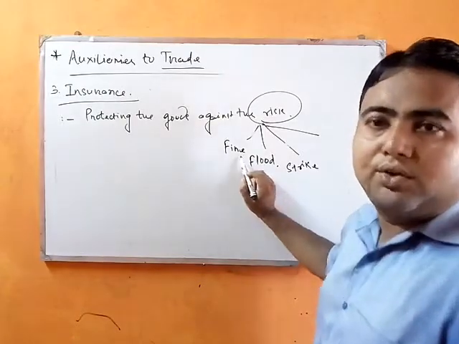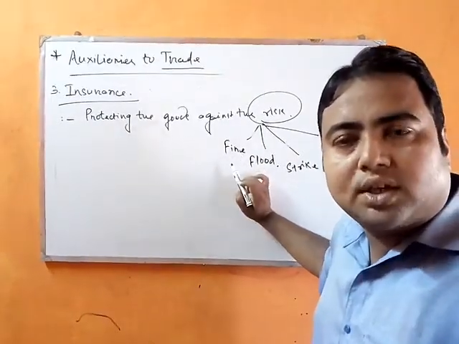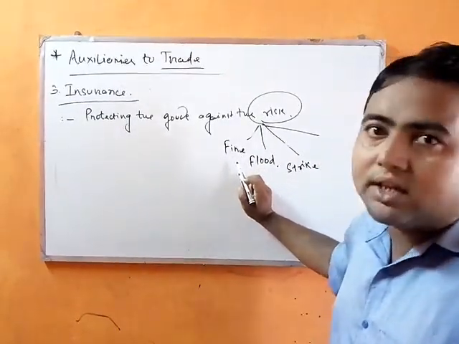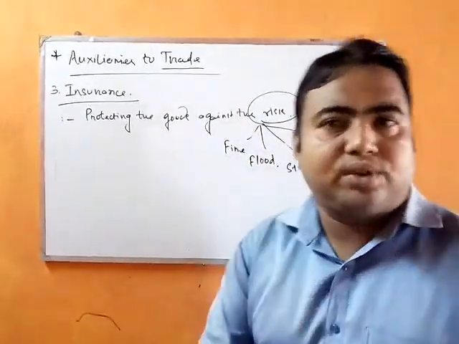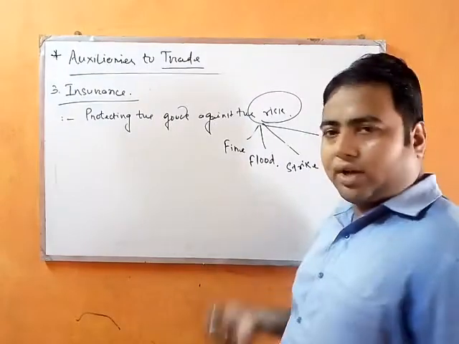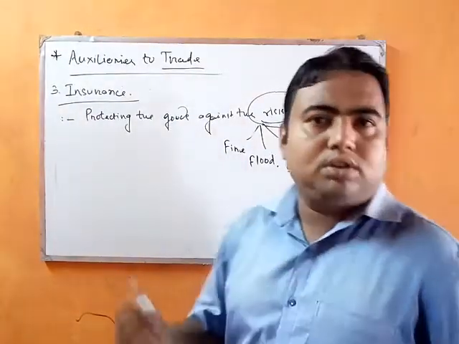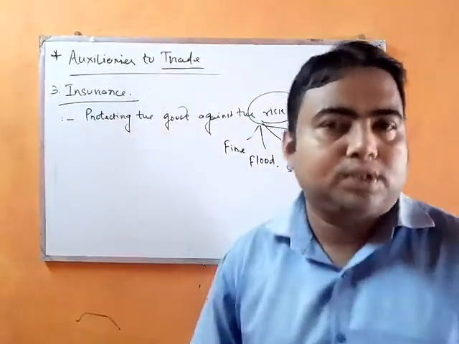If a fire occurs in the business, then the goods may be destroyed. Again, the concept of risk is there. When there is flood, again the concept of risk is there. When there is strike or riot, then the concept of risk is there.